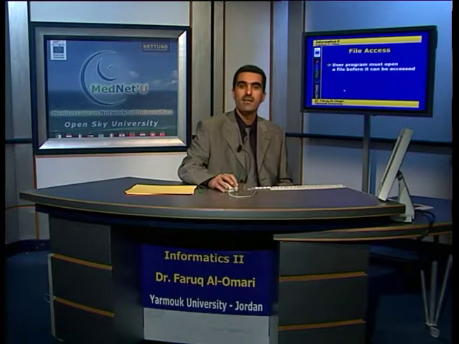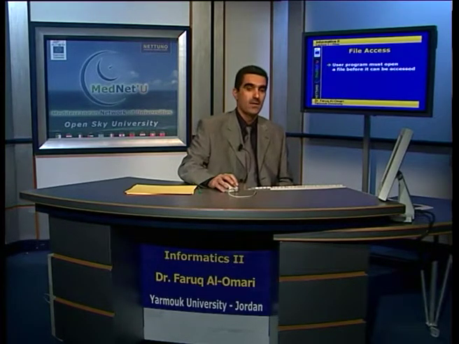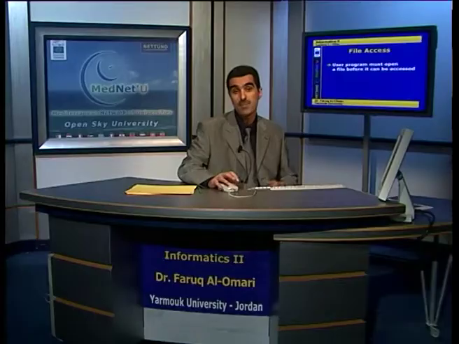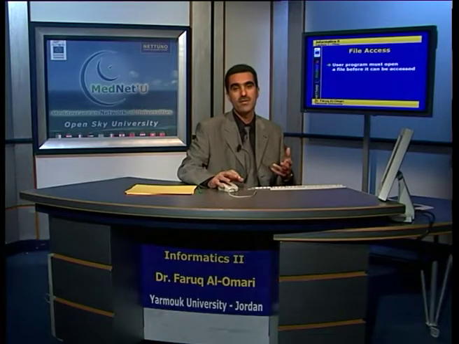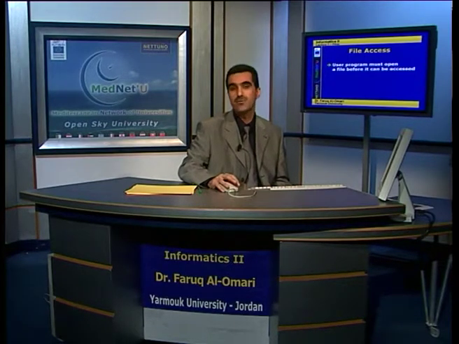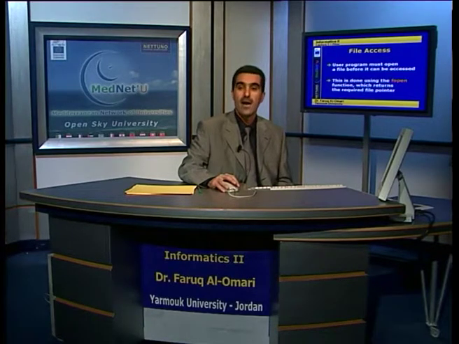All right, now how do we access the file? A user program always has to open a file before it can be accessed, as the file is something like being locked inside a cabinet. So in order to access that file, you first have to open the file, and then you can read, write, or do whatever you like with it. How to do that?